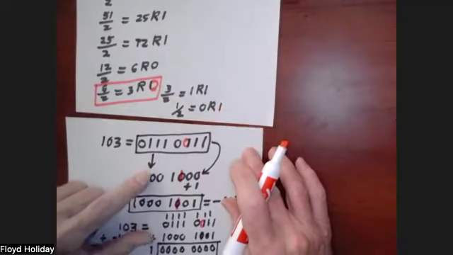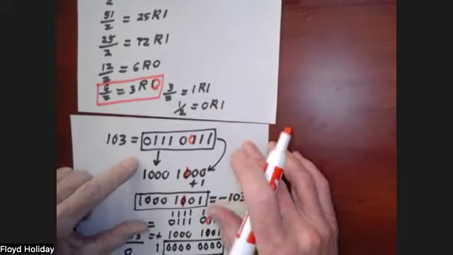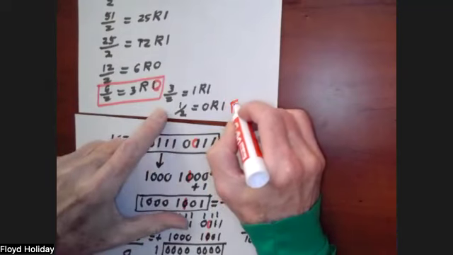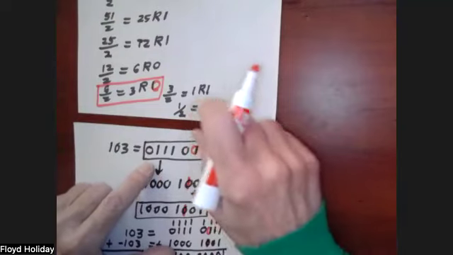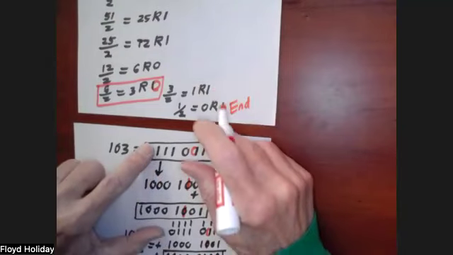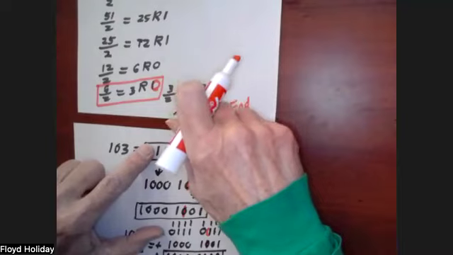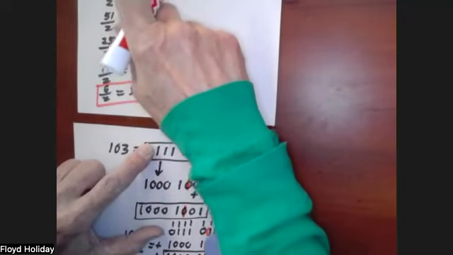There's a question in the chat messages. We're starting with 103 and we're trying to convert it to binary. So it goes through all these steps and it ends here. And then you read your answer. By the way, there's only 7 of these: 1, 2, 3, 4, 5, 6, 7.